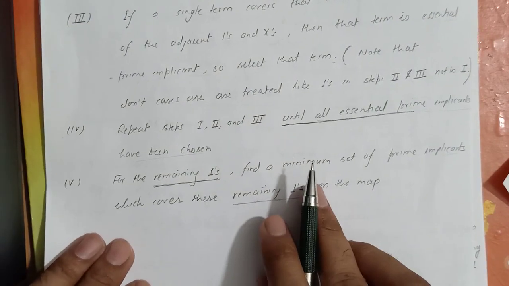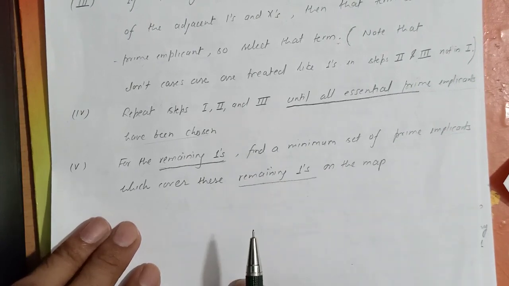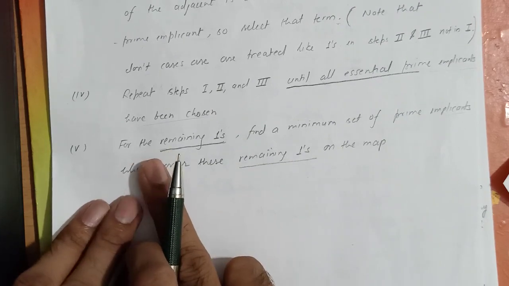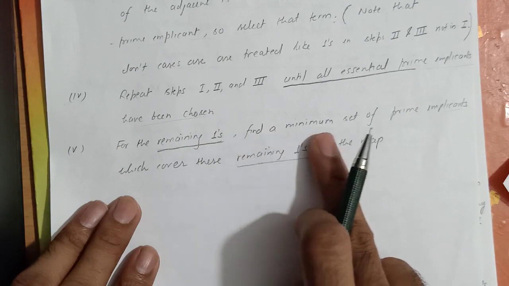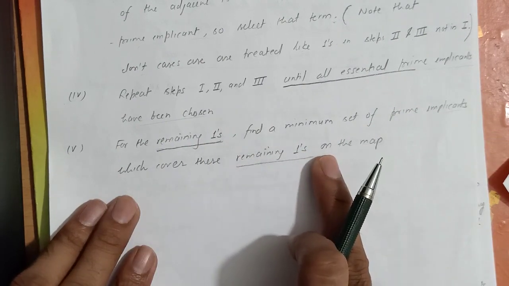If suppose we do not know the concept of essential prime implicants, then for all the ones we will find a minimum set of prime implicants that cover all the ones.